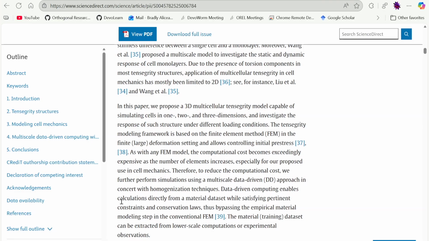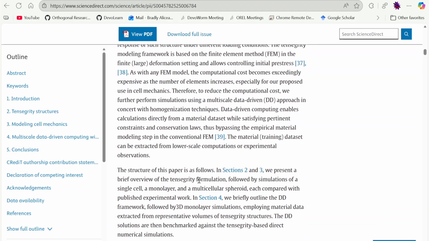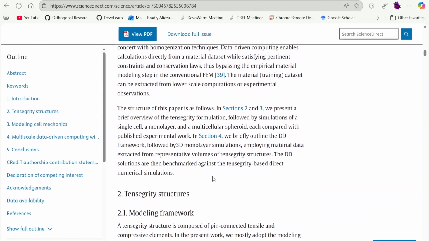Data-driven computing enables calculations directly from a material data set while satisfying pertinent constraints and conservation laws, thus bypassing the empirical material modeling step in the conventional finite element model. So they go through the tensegrity formulation.